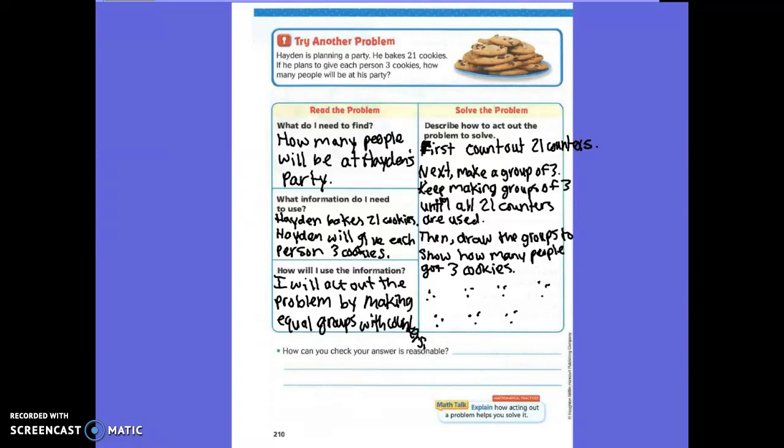And then I'm going to draw my circles around the groups of 3. And how many groups were there? 7. So there are 7 people at his party.